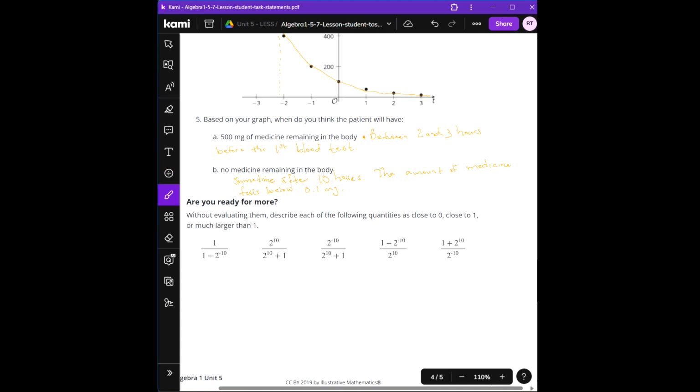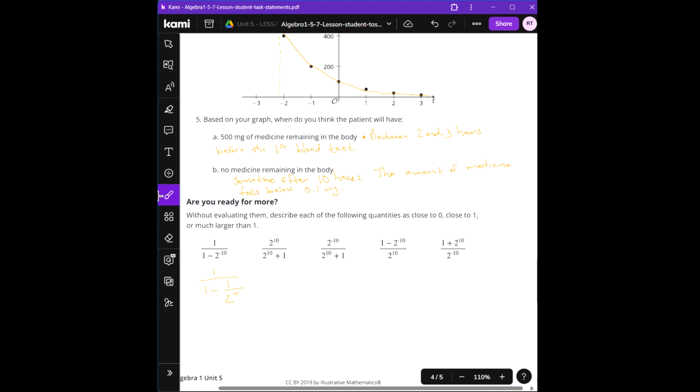Okay, let's take a look at the Are You Ready for More? For this question, let's go ahead and break the first one down. So I'm going to have 1 divided by 1 minus, remember that 2 to the negative 10th is going to bring it down to the 10th.